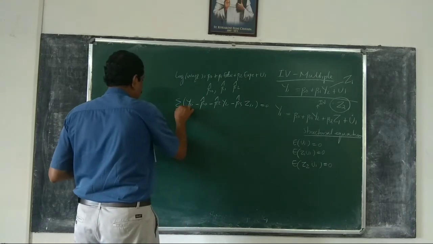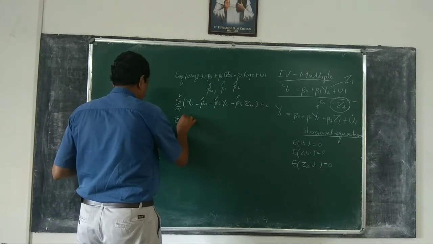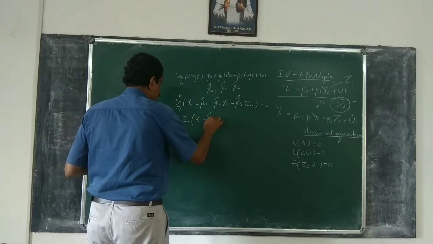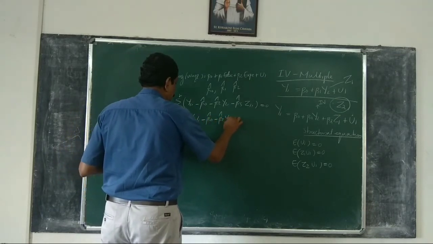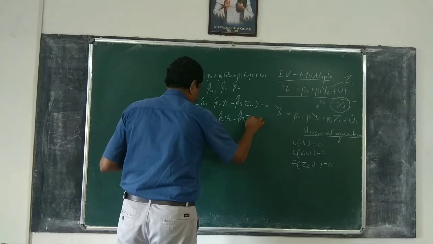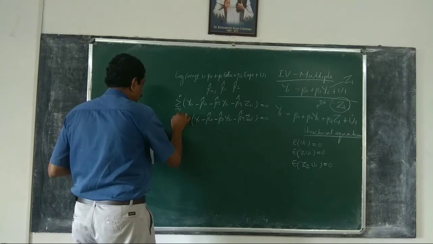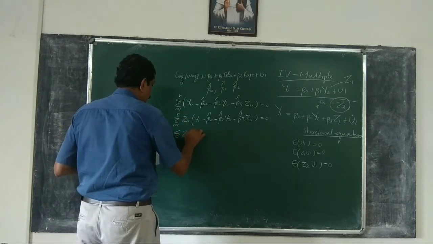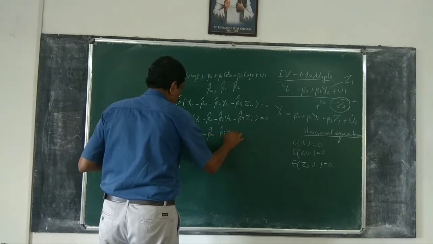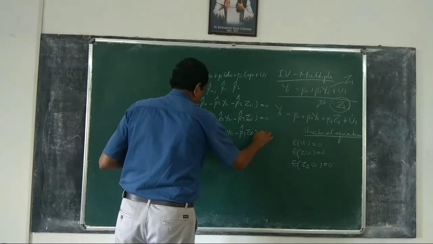Sum over i equal to 1 to n of z1i (yi minus beta hat 0 minus beta hat 2 y2i minus beta hat 3 z1i) equal to 0, and sum over i equal to 1 to n of z2i (yi minus beta hat 0 minus beta hat 2 y2i minus beta hat 3 z1i) equal to 0.